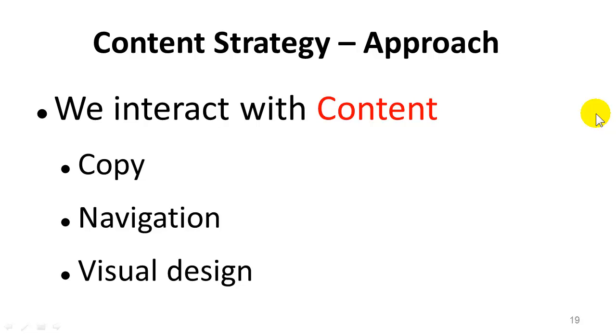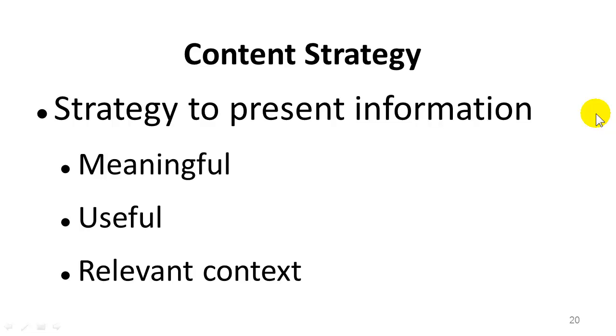You might hear this term content strategy. It is an approach on how we interact with content, which is commonly called copy. It's not just how we interact with the content, we interact with the navigation, we interact with the visual design. So this is the strategy that we're employing on this phase or plane. Here again, the content strategy goal is to present information in a meaningful, useful, relevant context.